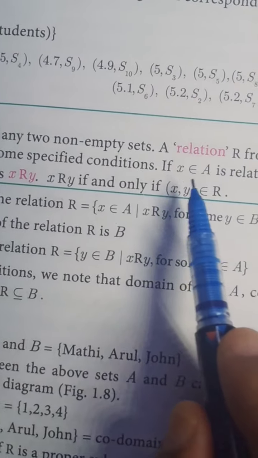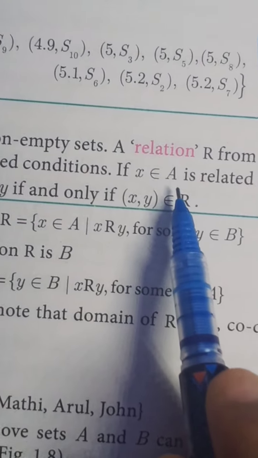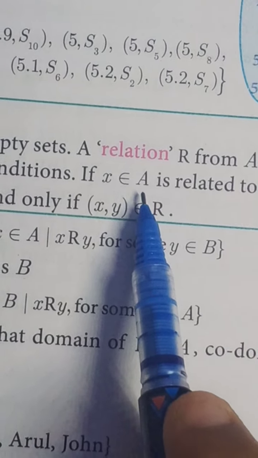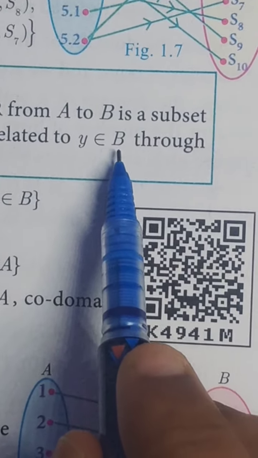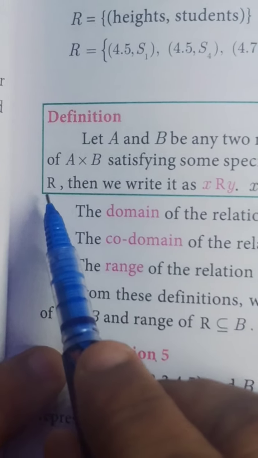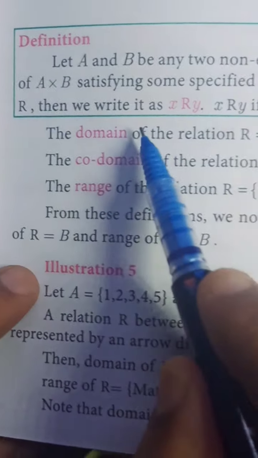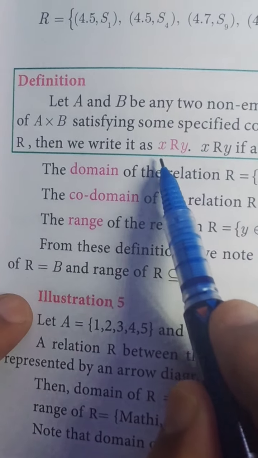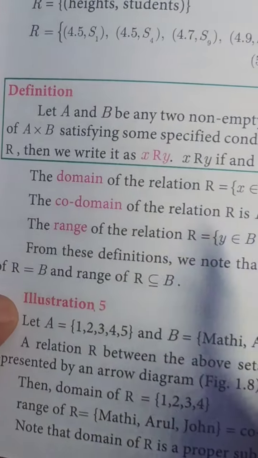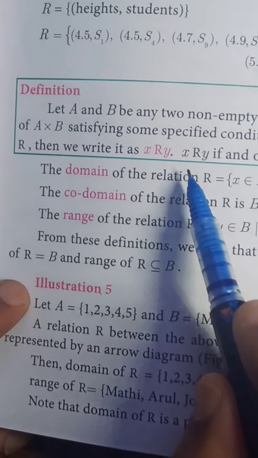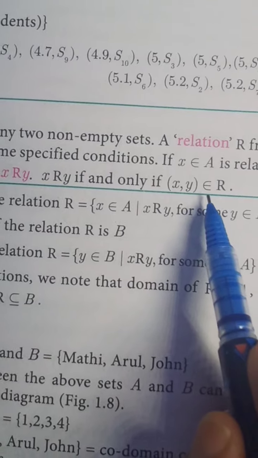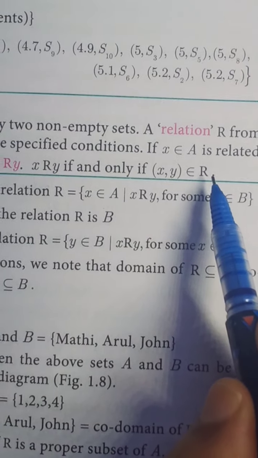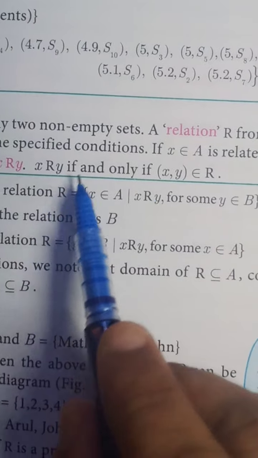If x belongs to the set A, that means x is an element of A, is related to y that belongs to the set B through capital R or refers relation, then we write in the form of x is related to y. x related to y if and only if x comma y is an element of R. If and only if, very important one.